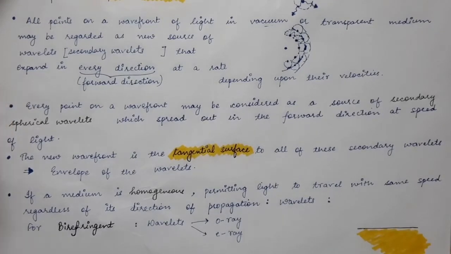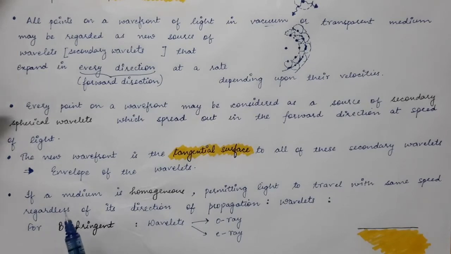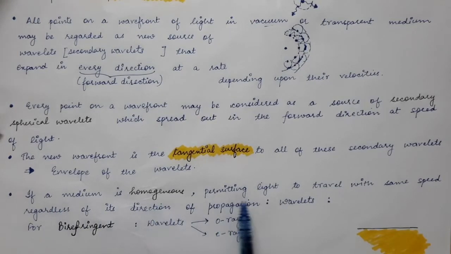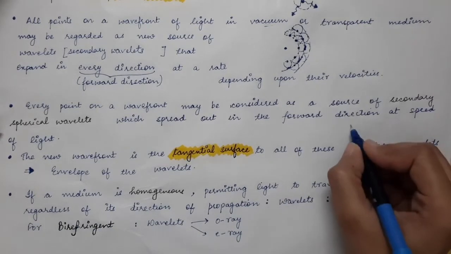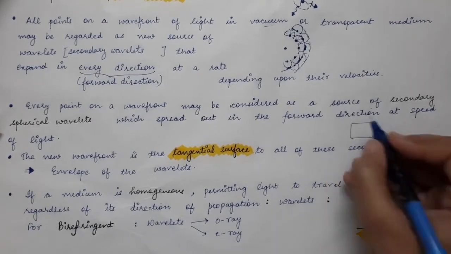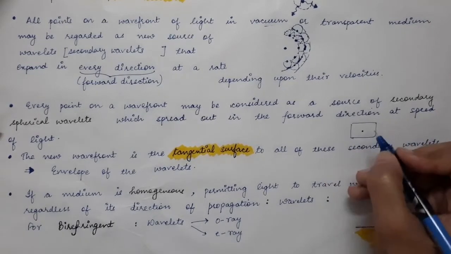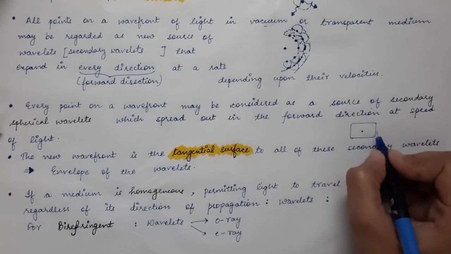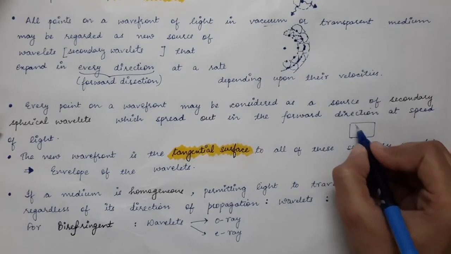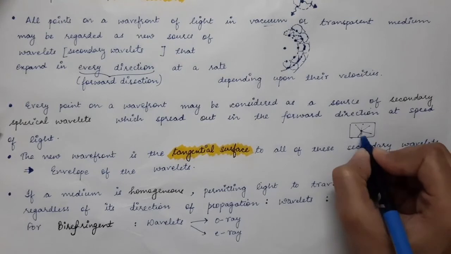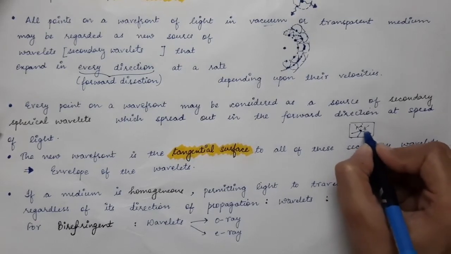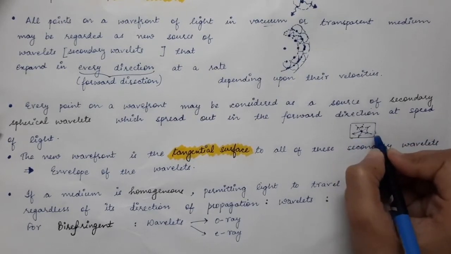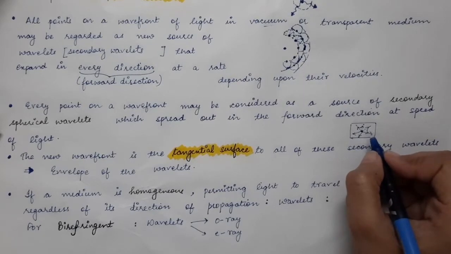So if a medium is homogeneous, that is, light travels with same speed regardless of its direction of propagation. So if you have some medium like this, and if you have a point source in this medium, and this medium is homogeneous, then the light rays will travel in all the directions with same speed, because the properties of the medium do not vary with the direction.